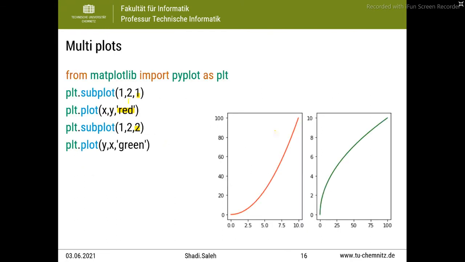Let me give you an example. If I replace that one with two and that one with one, the result would be two rows and one column.